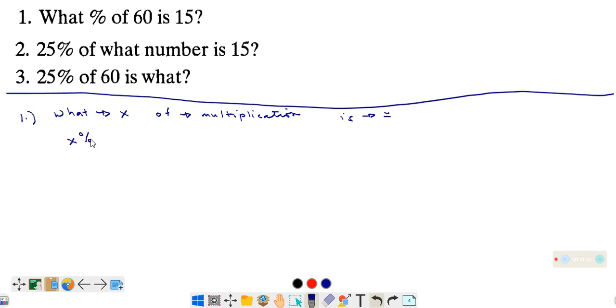Of, multiplication. Is, ay equal. Okay, so we have x% of, multiply it by 60.